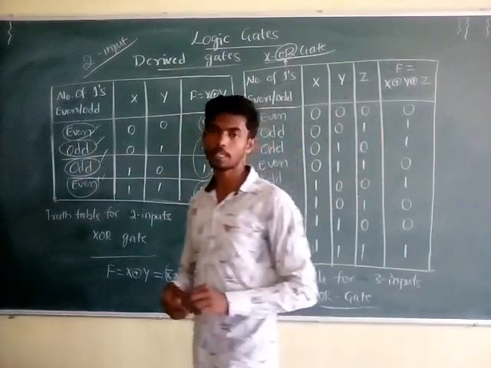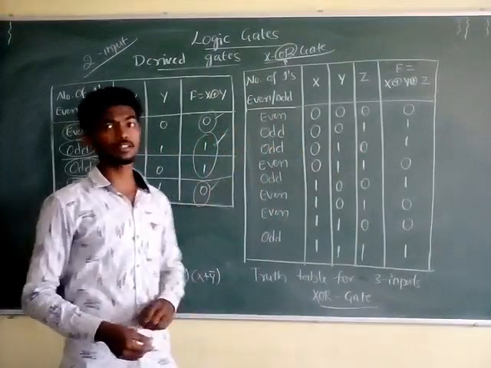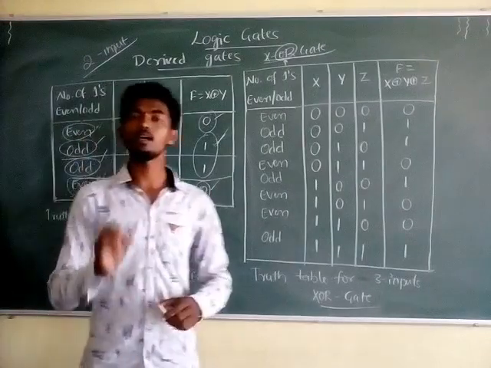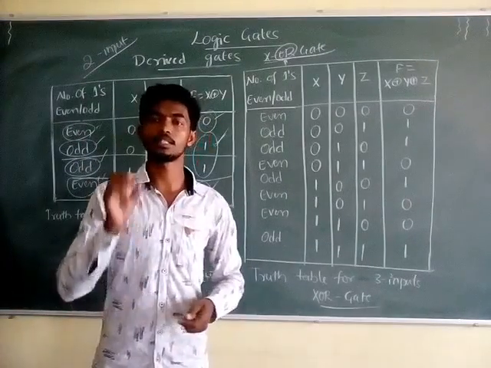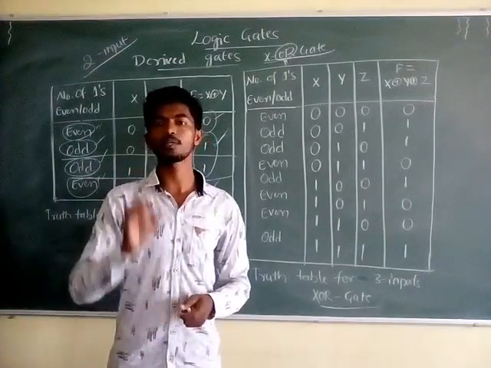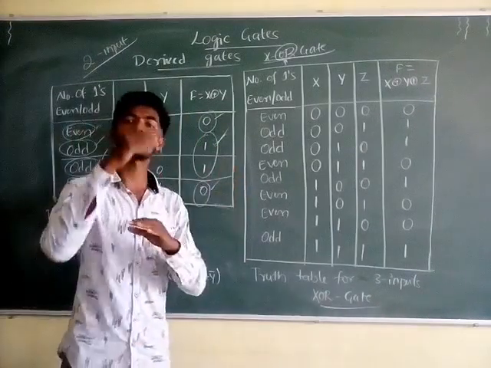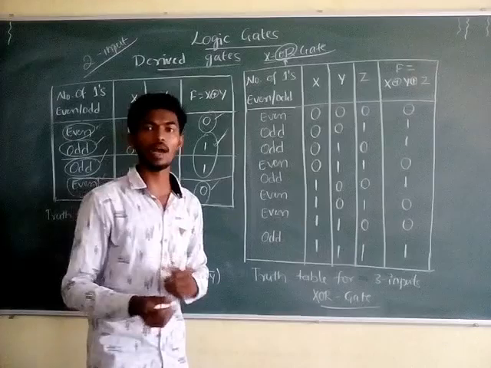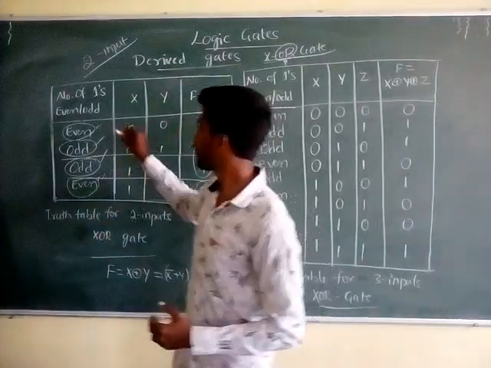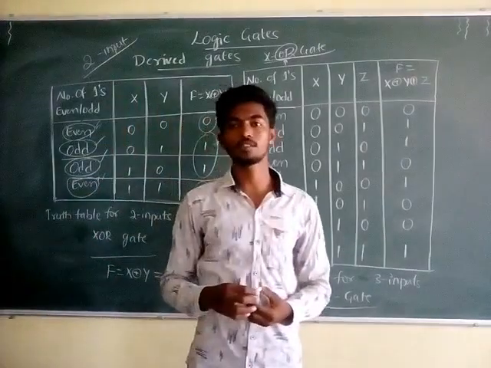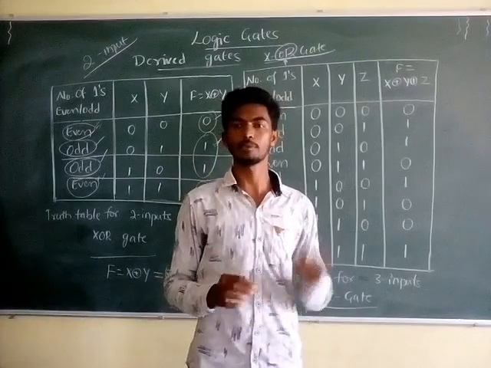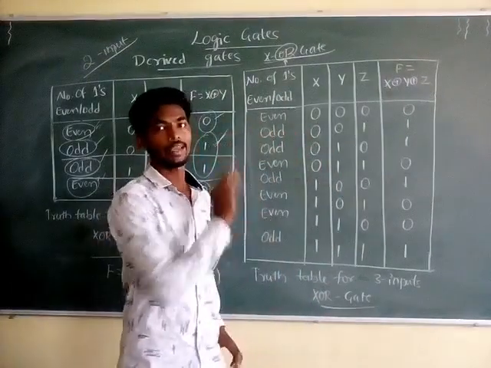You have to remember the keynote about the XOR gate: when the number of ones in a given combination of input is odd, the output goes high. Otherwise it will be low for an even number of ones. That's the keynote about the XOR gate.